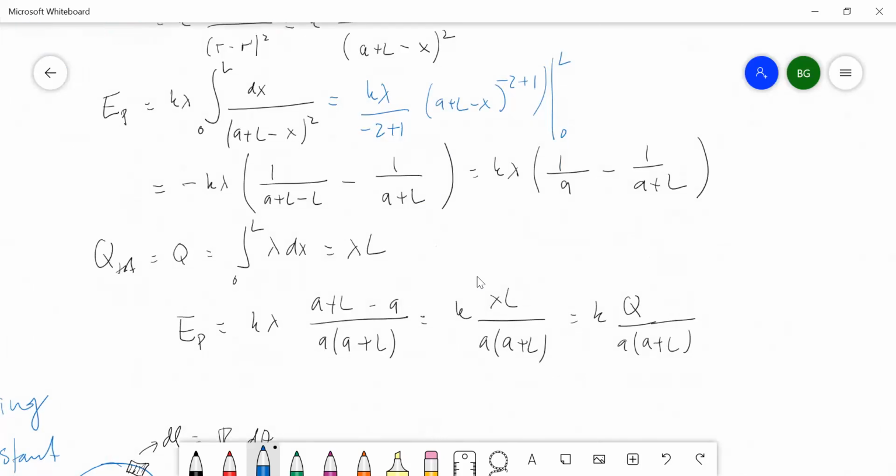The capital Q, the charge of the rod, is the integral from 0 to L of lambda dx. Because lambda is a constant, the total charge of the rod is lambda times L. So we can simplify the above formula.